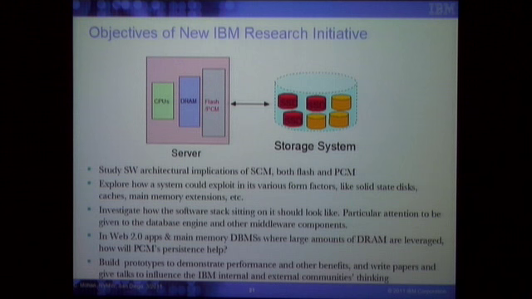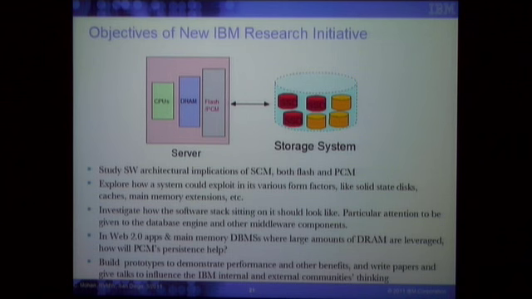Who are all exploring the architectural implications in terms of the operating system and the layers between that and the hardware. How exactly you expose the memory and things like that. And then there are other people in Almaden on the storage software side who are looking at how to leverage this kind of memory in the context of the file system and things like that.